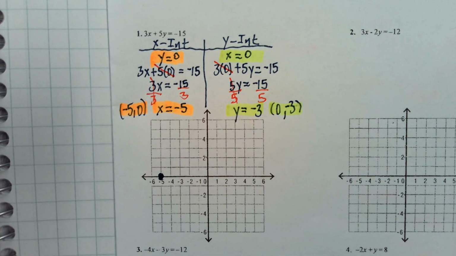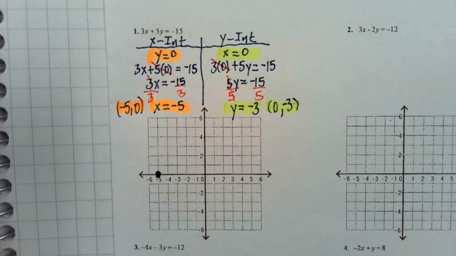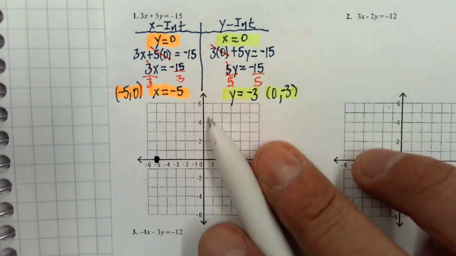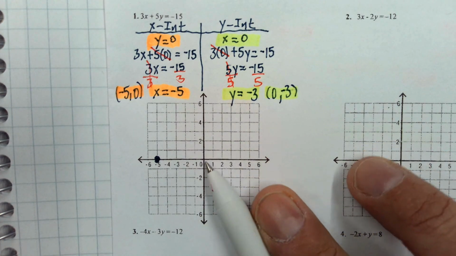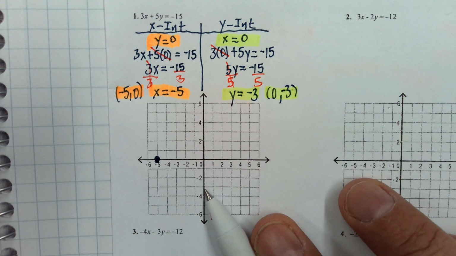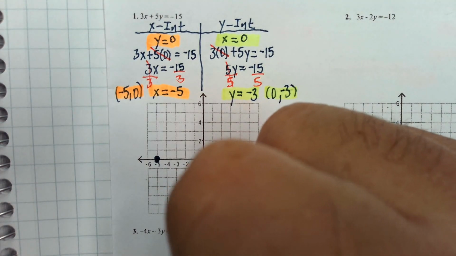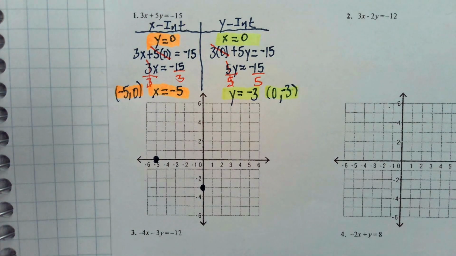Okay. So let's find it. So I want 0, negative 3. So this is all positive. I want to go down. There's 0, negative 3. Right here. Okay. So the line has to cross.